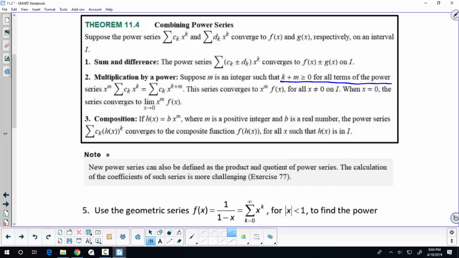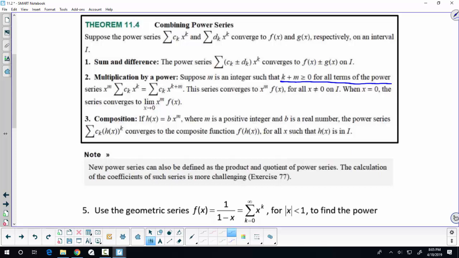It's usually given, like that'll be x squared or x to the 12th or whatever. As long as the new series power, which is just k plus m, we're just adding the exponents, is larger than or equal to 0 for every single term, then you have a series that converges to x^m times f of x.